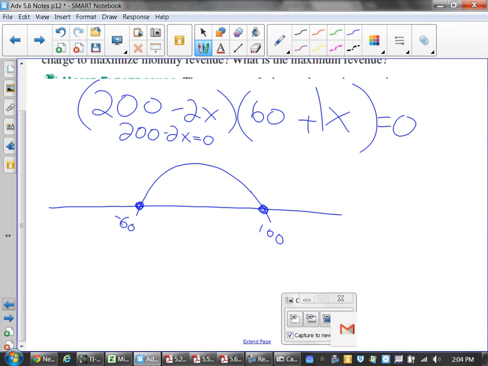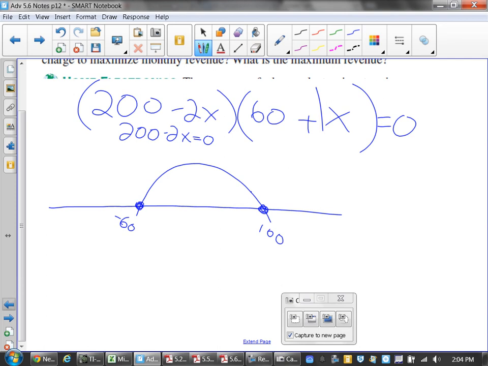Yep. I'm so confused on how you got the 2x and the x and why you put them in those two spots. You're increasing $1 to the sale price. You're decreasing 2 sales to the total shoes that you sell. So you have two separate parts going on here, two terms: sale price and units sold.